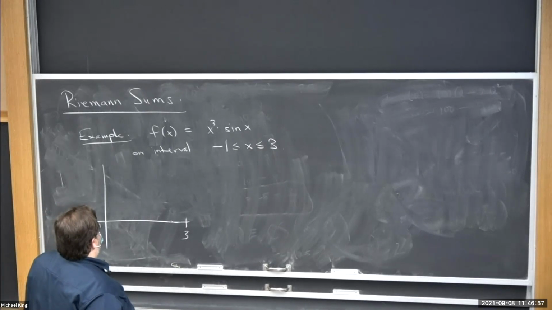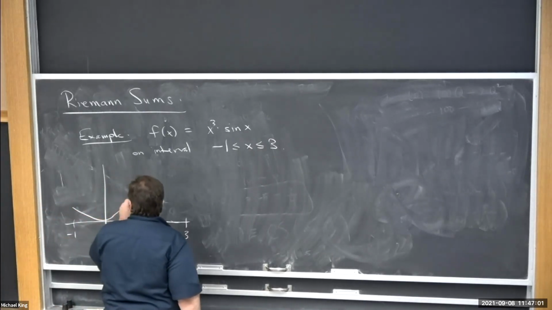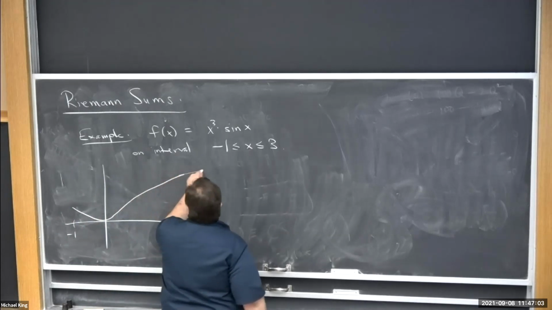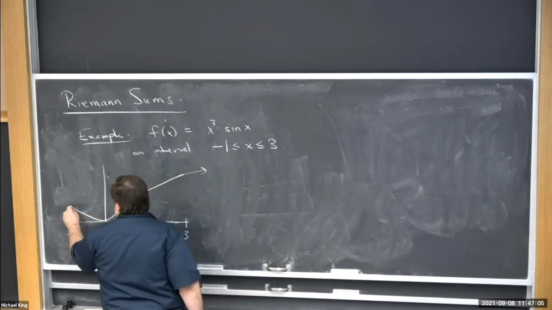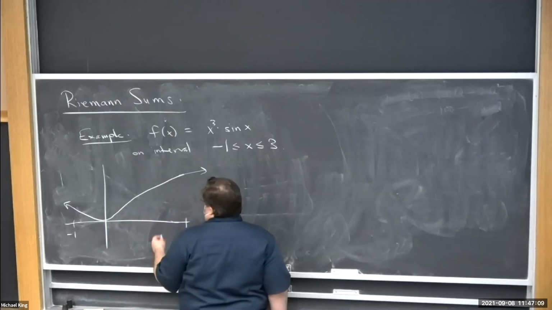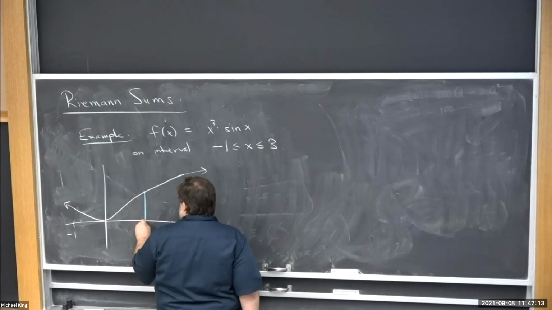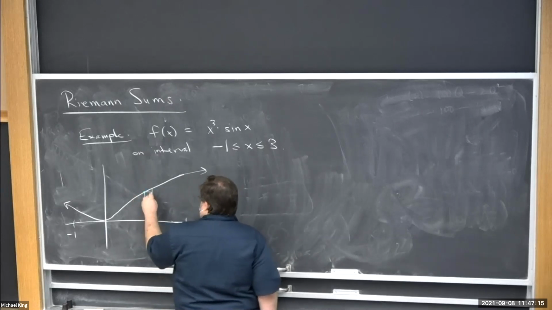Okay, so it looks something like this. I guess it goes through 0, but it doesn't matter. And if I want to start building rectangles, there are different ways to do this, but if we did a left sum, an individual rectangle would look something like that, right?